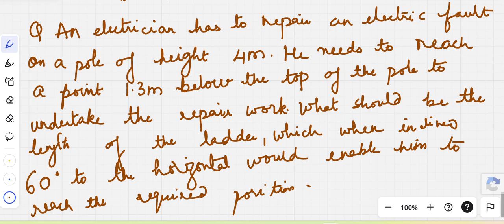Done? No one did? I'm almost done. Almost, okay. Anybody has doubt with the diagram? Can you explain the diagram? Okay. Let us read it one by one.